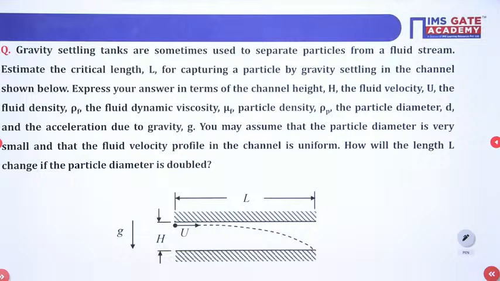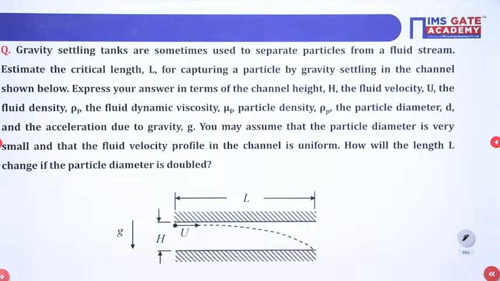A gravity settling tank is sometimes used to separate particles from a fluid stream. Estimate the critical length L for capturing a particle by gravity settling in the channel shown below.